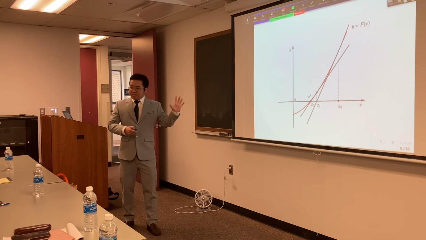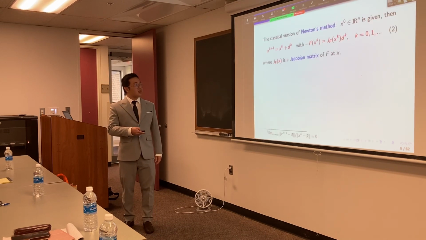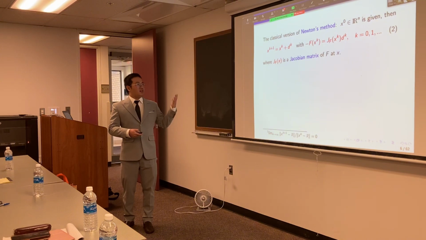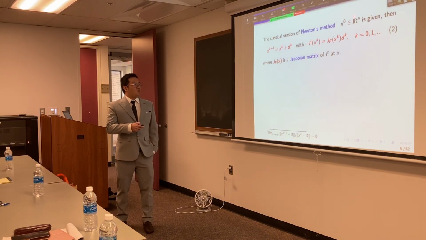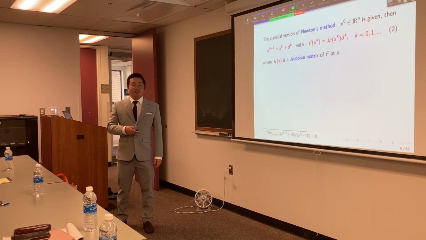We continue this process, and we can find the approximate solution to this equation. Here is the Newton method. We start at x0 and construct the sequence x_k as on the screen, and J(x) here is the Jacobian matrix of F at x.